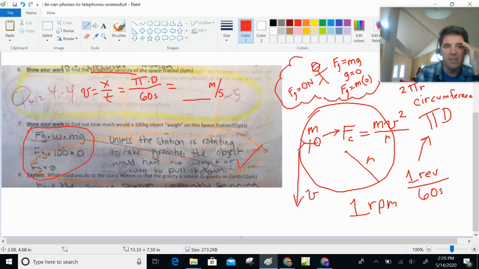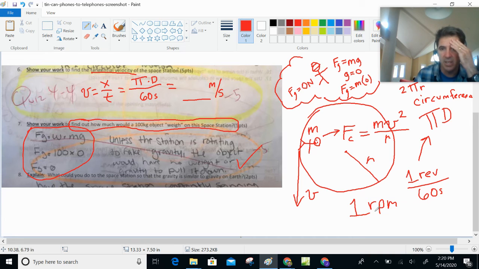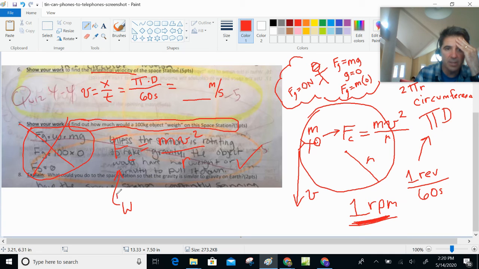Then, how much it would weigh on this space station. This space station is spinning. How fast? It's spinning 1 RPM. Instead of doing that, that's how much it would weigh in space. That's true. Do this: Fc equals mv squared over r. And that will be your weight. But it won't really be gravitational weight.